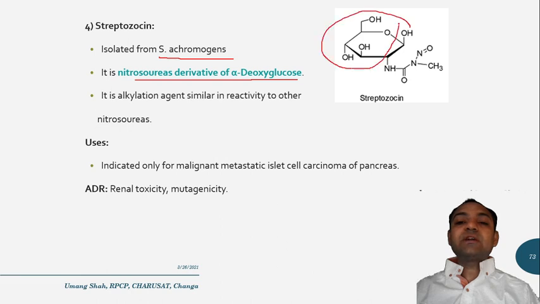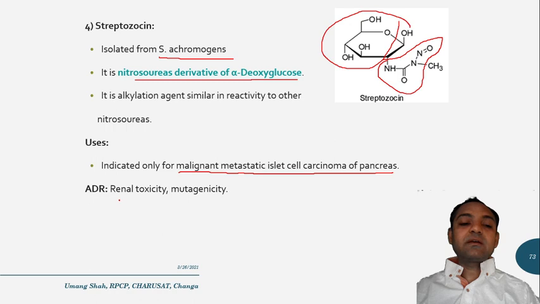So this is the deoxyglucose, this is the nitrosourea group, and it is basically used in malignant metastatic islet cell carcinoma of the pancreas, in pancreatic cancers. Adverse drug reactions reported with streptozotocin are renal toxicity as well as mutagenicity. This is all on the anticancer antibiotics. Thank you.